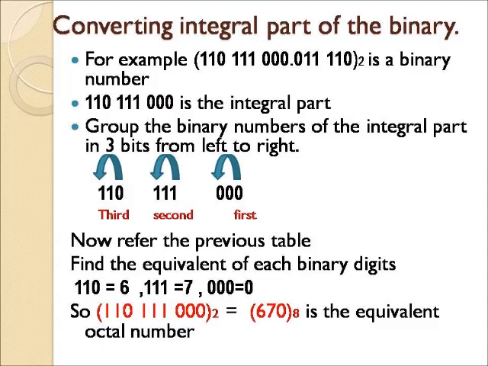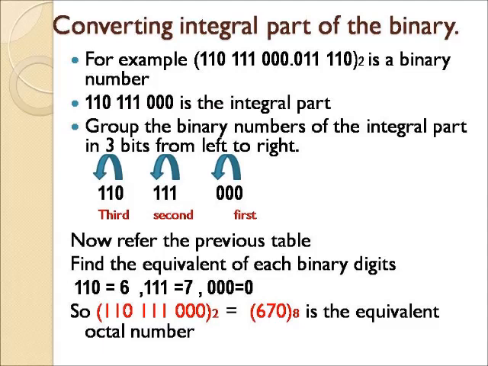Let me repeat. Here, in the integral part, we are arranging the binary digits as groups of 3 bits. 3 bits means 3 digits. We just make groups of 3. So as per the given example, 110 111 000 is the integral part.